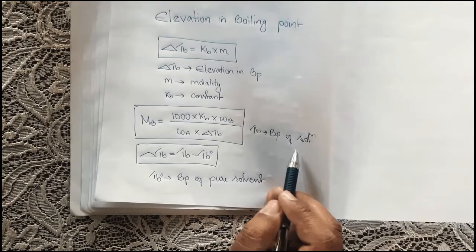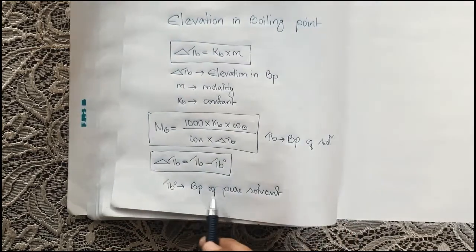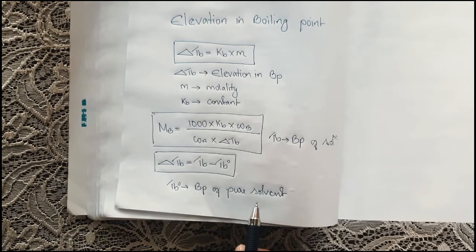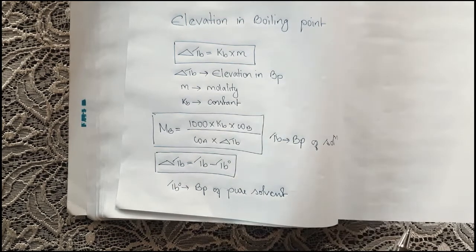TB is boiling point of solution and TB naught is boiling point of pure solvent. So if you know each and every term, it will be easier for us to solve the problem as well. So these are the three formulas.